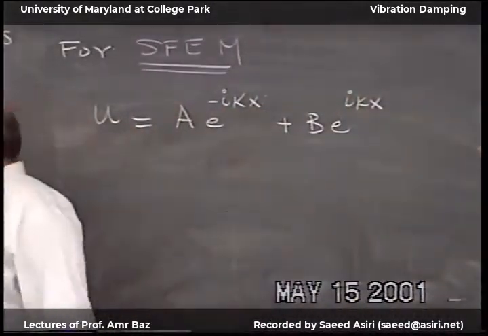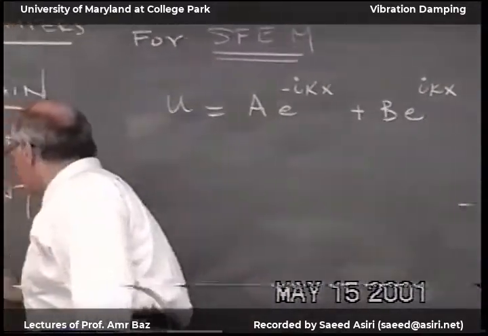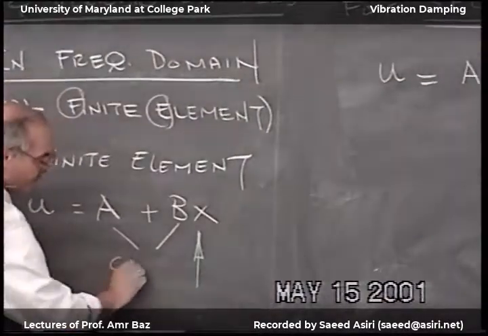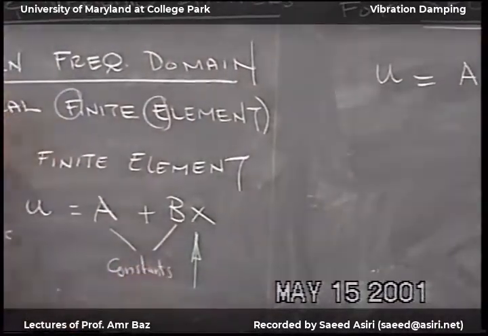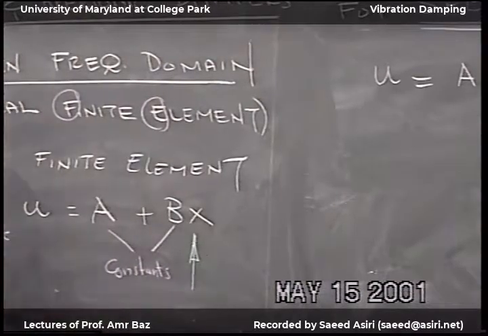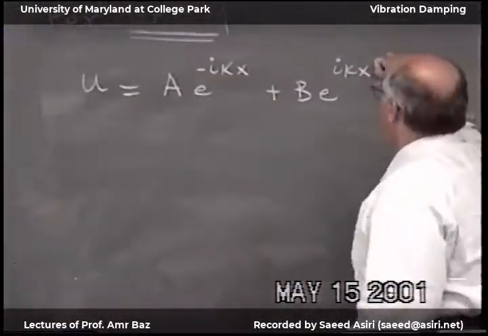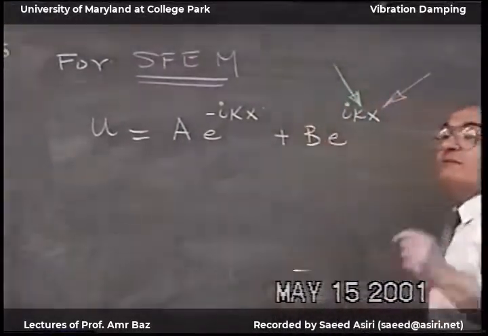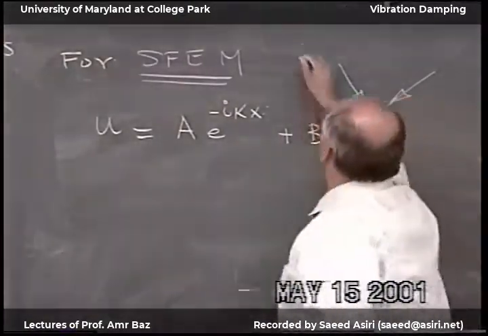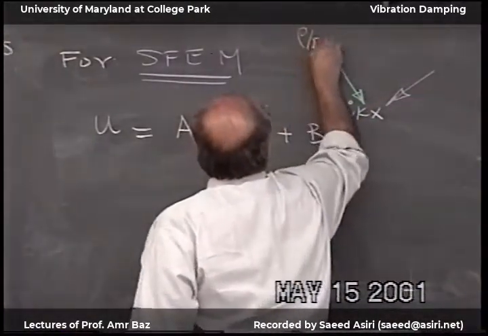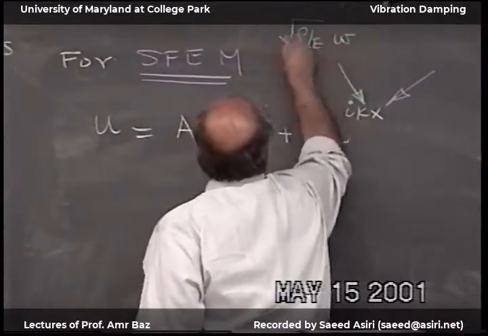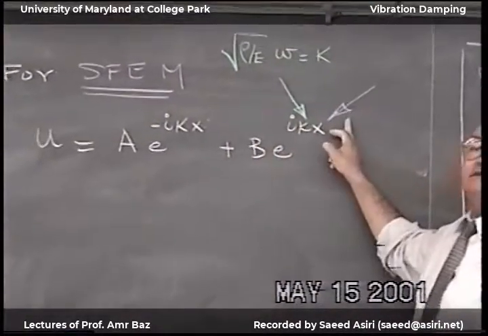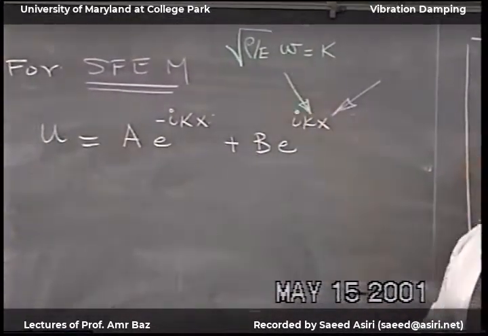So now here I'm writing the u only as a function of one variable, and the A and B are constants. Here I'm writing the u as a function of one variable and another variable. This k is the wave number. So I'm writing it in space and in frequency domain.